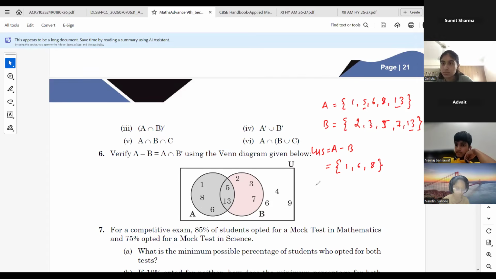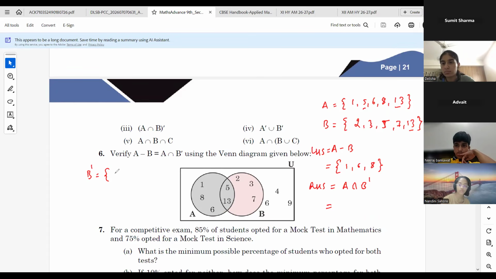Now let us come to the RHS part where we have to write A intersection B complement. So A is already given, but we have to find B complement first. So I'll just write it here. B complement is all the elements of U except B. So we don't have to write 2, 3, 5, 7, 13.